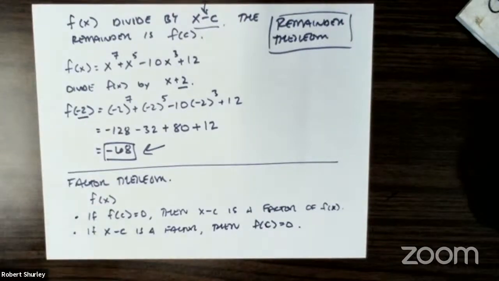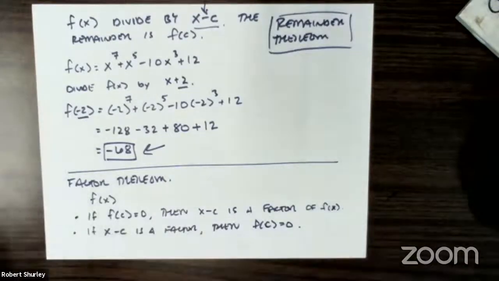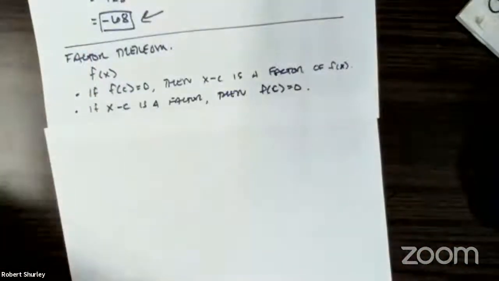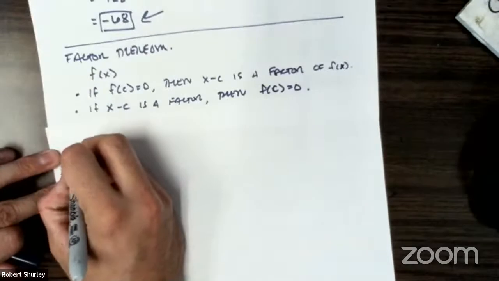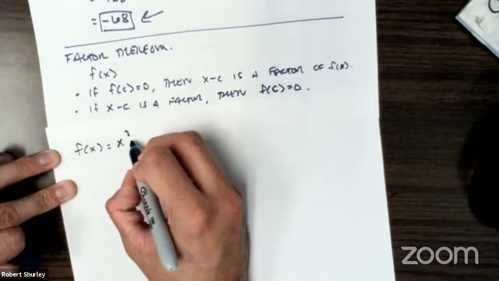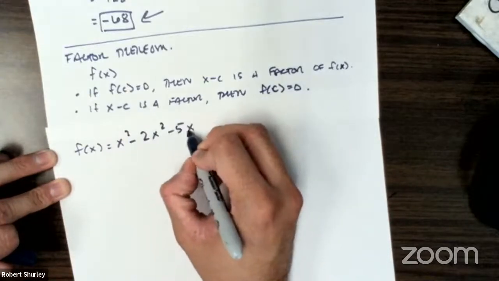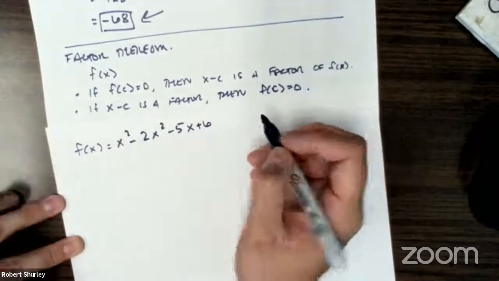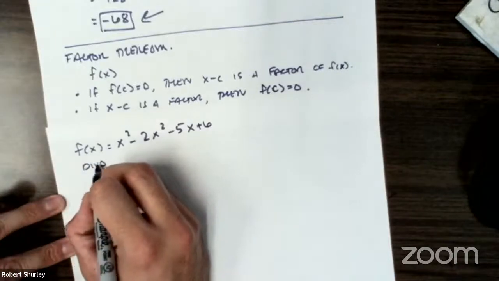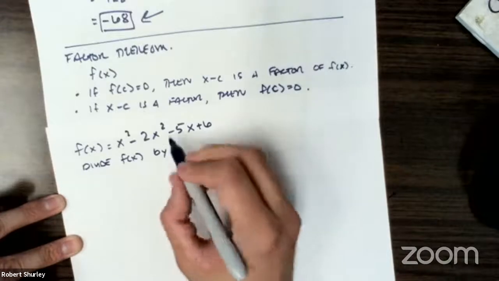I'll do another one here. Let me leave that one up here. If we look at that last example, f of x equals x cubed minus 2x squared minus 5x plus 6, and we want to divide f of x by x minus 3.